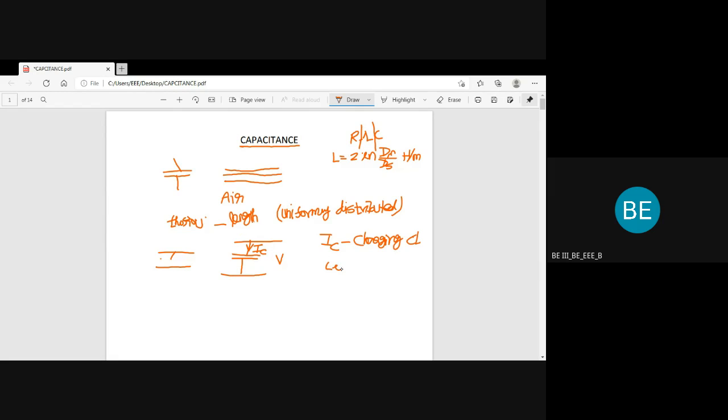Normally, the loads in the transmission line draw mostly lagging current. So this capacitance will draw a leading current.